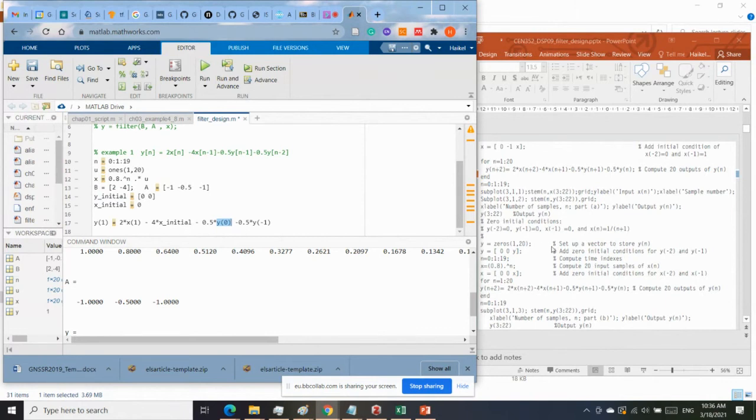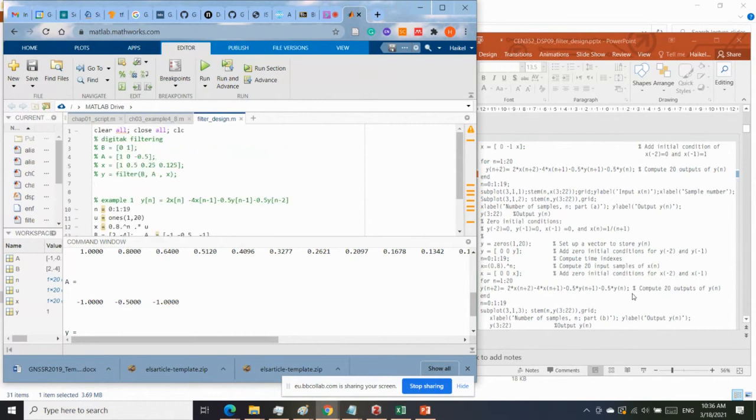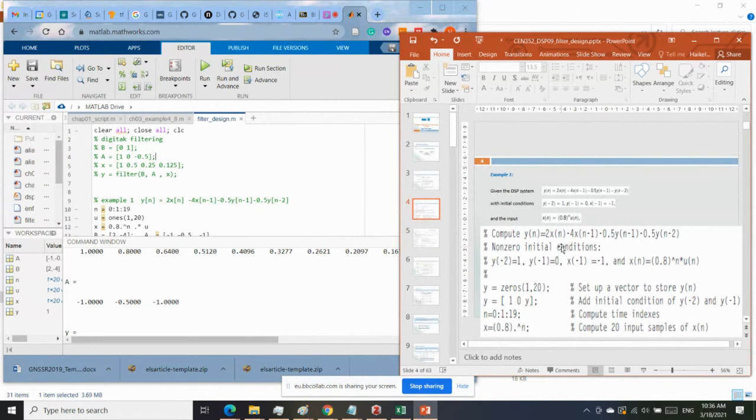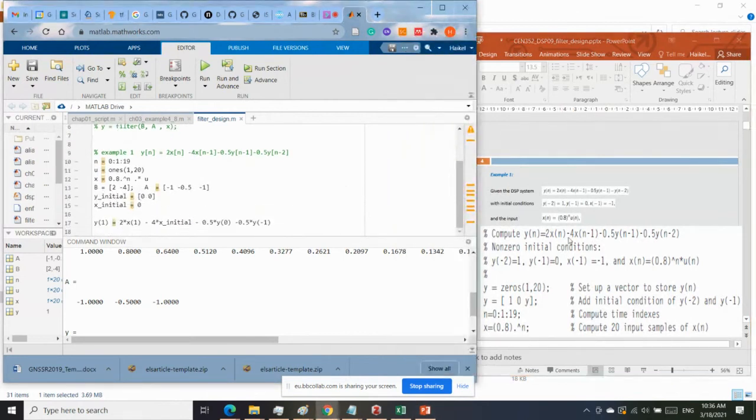So y1, equation 1, equation here. Normally the first value would be y0, but our problem is that in Matlab we cannot start from 0.